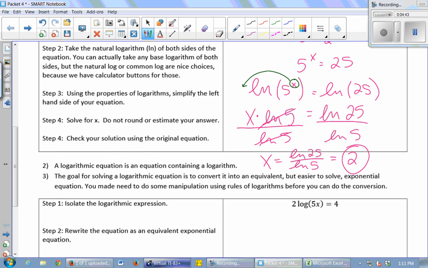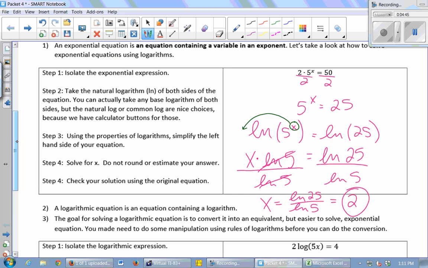And then you should go back and check. Look at your original equation, 2 times 5 to the x equals 50. If I put a 2 in for x, 2 times 5 squared, does that equal 50? Yes. Check.